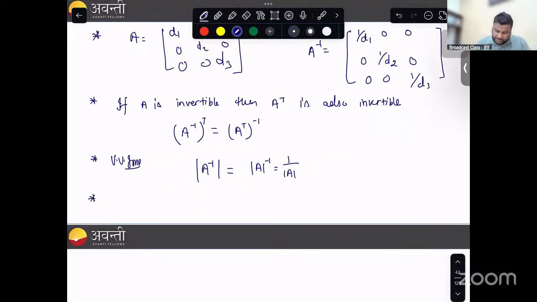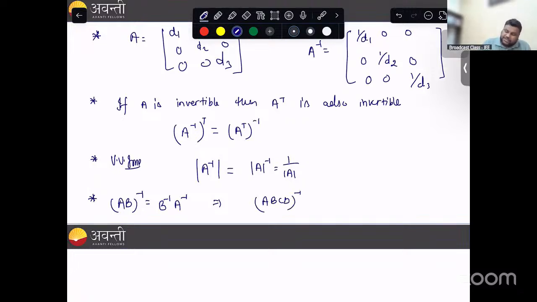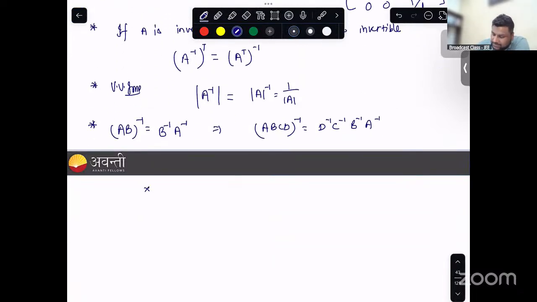Next, again very important. AB inverse is B inverse A inverse. It can also be generalized as ABCD inverse is D inverse C inverse B inverse A inverse. Now see, let's prove it. Matrix AB into AB inverse will be identity matrix. Yes or no?